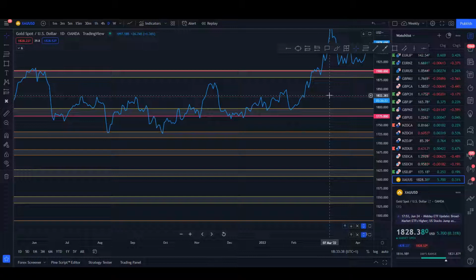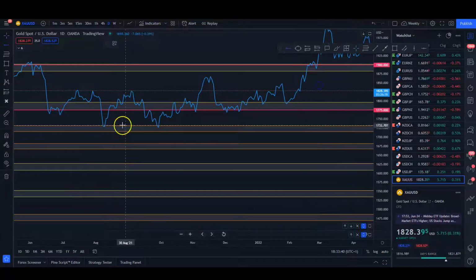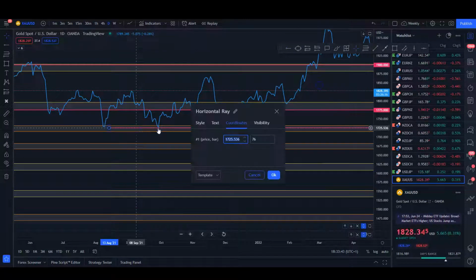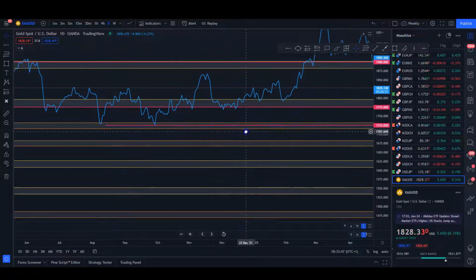They're going to be round numbers, right? And that's the theory there. So you'll probably find that these areas, look at that, 1725, pretty much bang on, will line up with those levels as well.